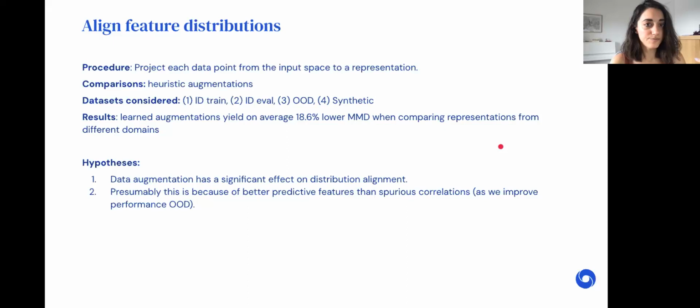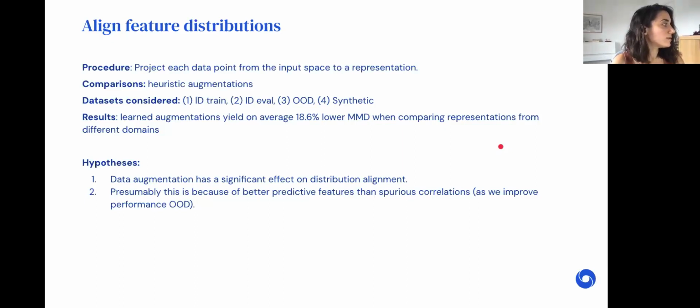Then we look at, after projecting each data point from the input space to the representation space, we compare the distributions in terms of maximum mean discrepancy. And that allows us to compare representations for the data sets from heuristically augmenting the data set and from synthetic data.